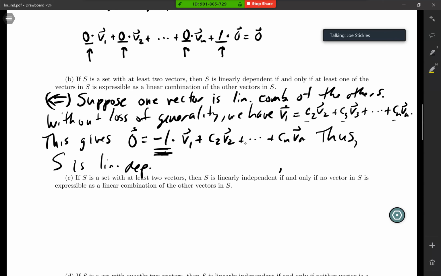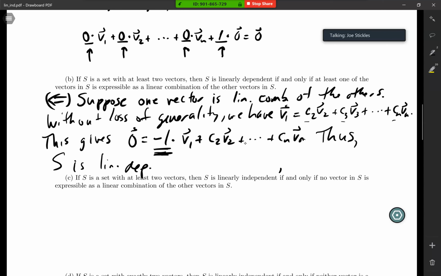So C really is just, well, if you remember things about contrapositive from discrete math: if it's linearly dependent, then at least one of them is a linear combination of the others. The contrapositive would say that if none of them is expressible as a linear combination of the others, then it's linearly independent, right? And we know from logic that contrapositives are logically equivalent to the original statement.